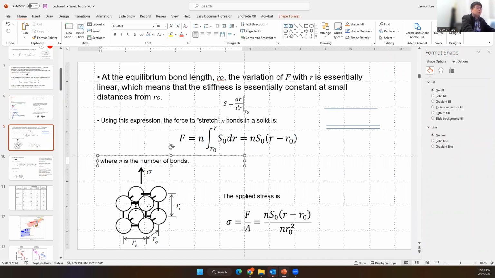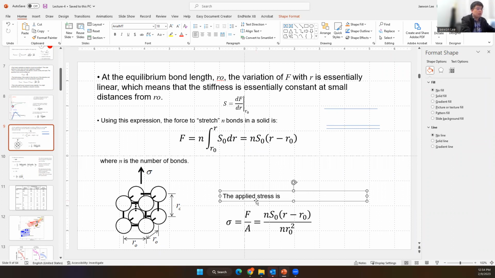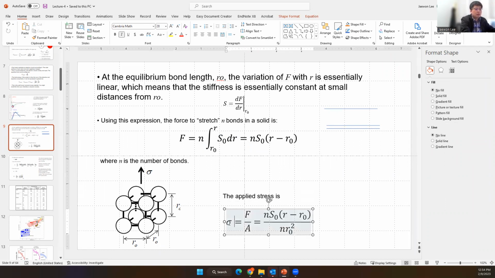So just imagine there are N bonds in the crystal structure, and so the applied force is calculated by the force over A. This is the definition of the stress. And then we can calculate the force based on this equation.